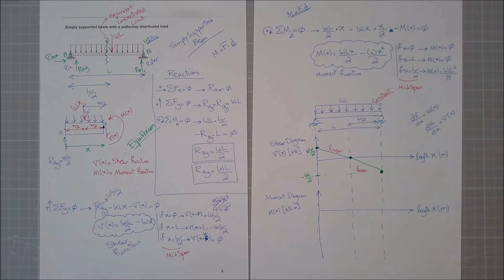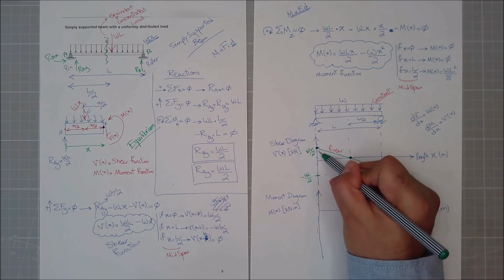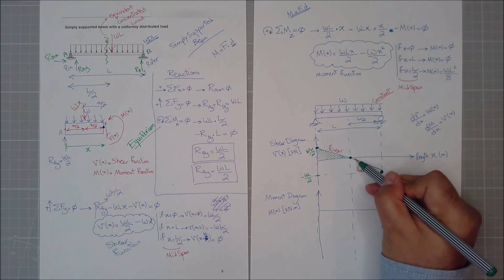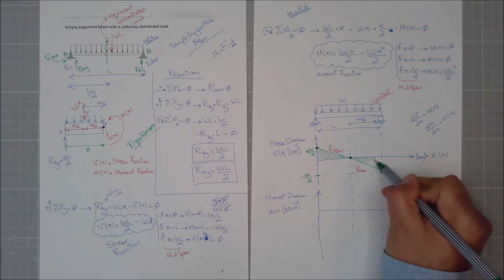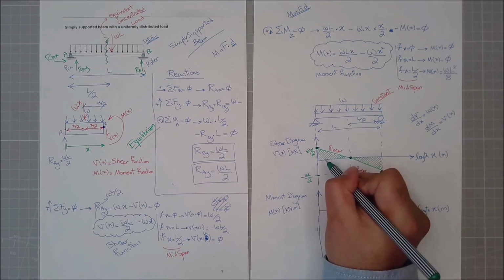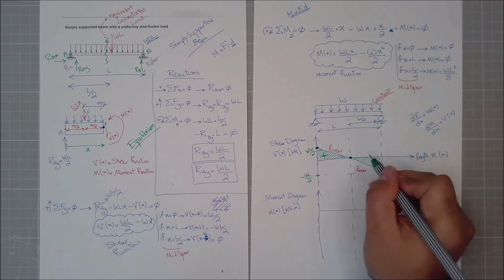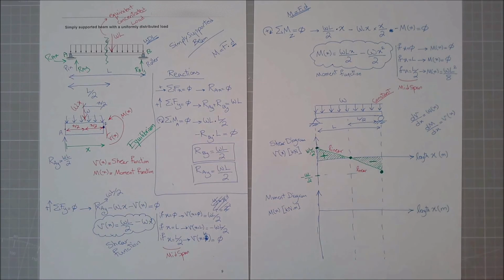And the shear diagram is the area underneath the curve with the length axis. Anything above the length axis will be positive for shear. Anything below will be negative. Well done. You have calculated your first diagram.